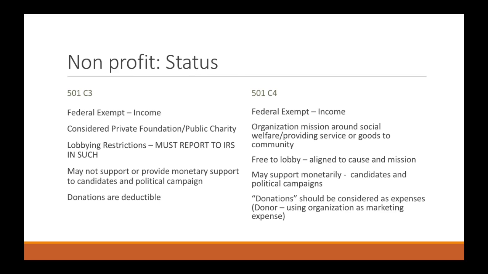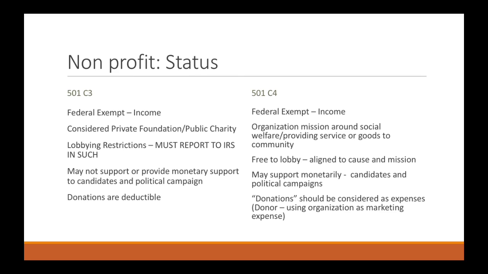Under C3 and C4, you have some leeway in lobbying. This is the aspect we spoke about in part 1 around speaking with state agencies and connecting with the federal government.